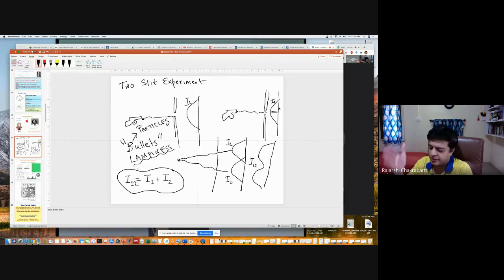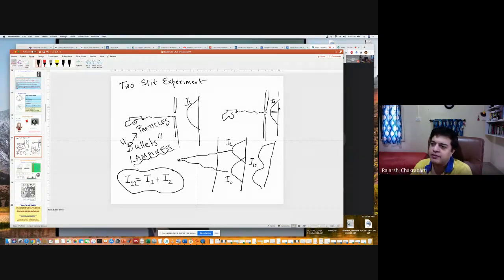If you have a screen, you just calculate the number of points, and you see there will be a small region where these points are overlapping with each other, and as you go away, the point density is less. From there, you can calculate the intensity. Intensity does not need to be only with waves.